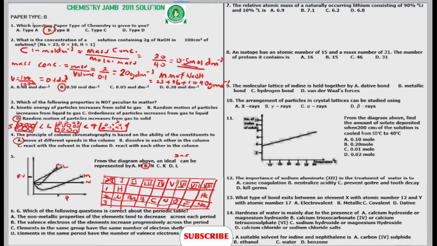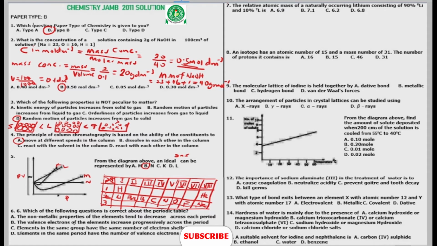From period 2 here we have lithium, beryllium, boron, carbon, nitrogen, oxygen, fluorine. You can see that lithium is more metallic than beryllium, beryllium is more metallic than boron, and so on. It means that the non-metallic properties increase as we go across the period. So this is not correct.